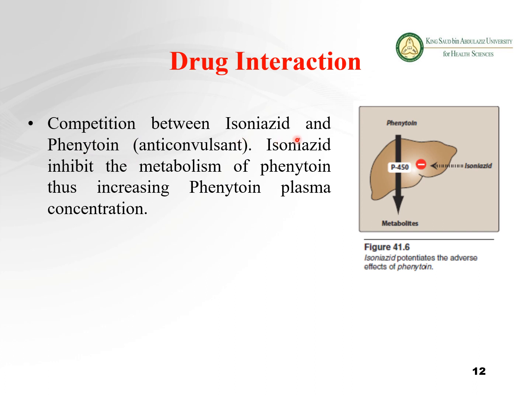So consider competition between isoniazid and phenytoin, an anticonvulsant drug which has a very narrow therapeutic index and a lot of side effects. If a patient is using phenytoin along with isoniazid, it can cause side effects from the phenytoin. So isoniazid inhibits the metabolism of phenytoin, thus increasing phenytoin plasma concentration.